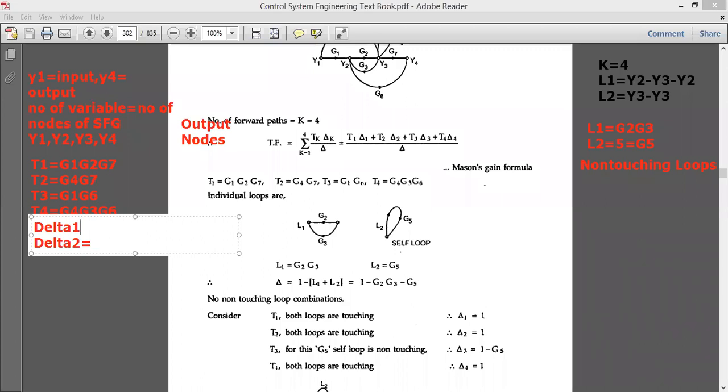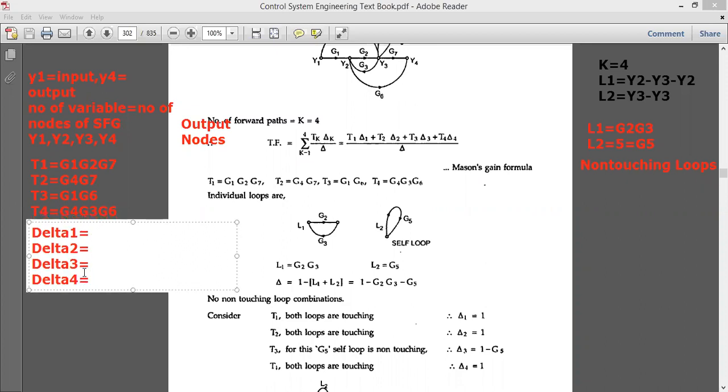Delta 1 is equal to how much? Delta 2 is equal to how much? Delta 3, we will find. Delta 4 is equal to how much? So this is the question mark now.